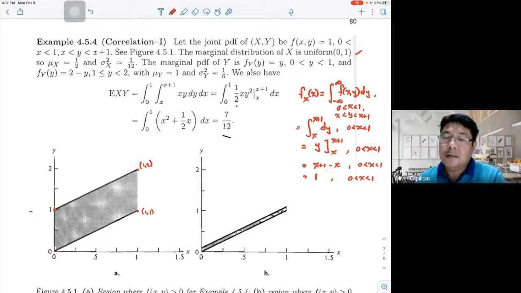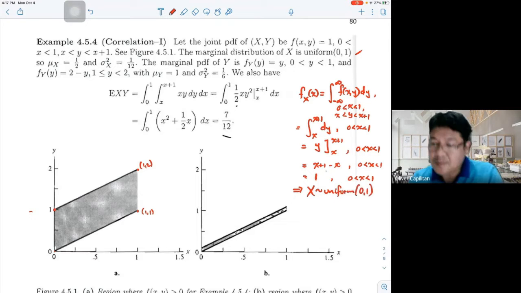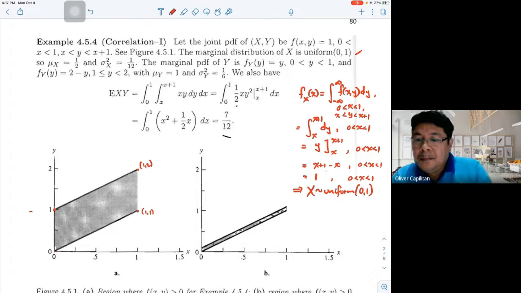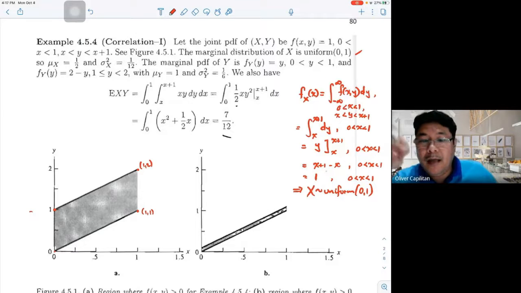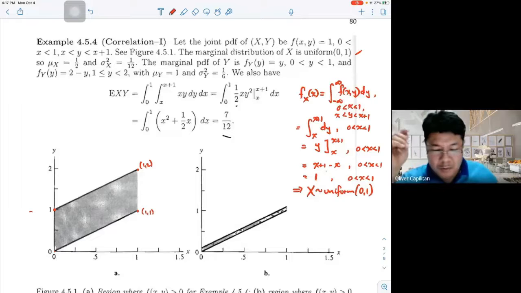This implies that the random variable x has a uniform distribution, like 1 over (B minus A), where B is 1 and A is 0.